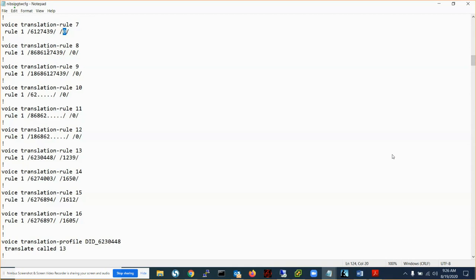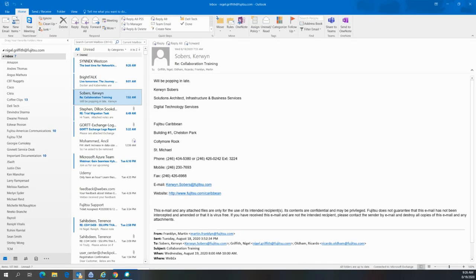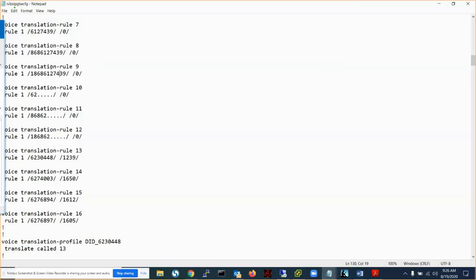So under the translation rule, you have a rule under that. You tell it to translate the 10 digits to zero. Also, if you send 11 digits, translate to 0. And then they have some 6 2 4 numbers, some 6 2 5 numbers, some 6 2 7 numbers, and so on.